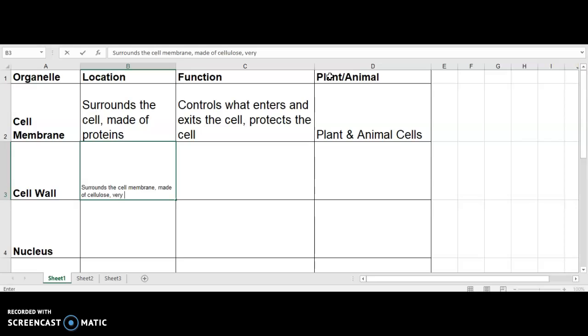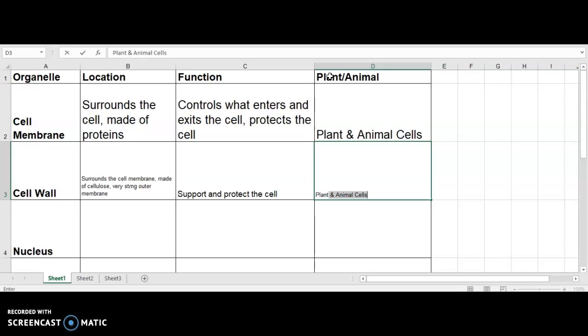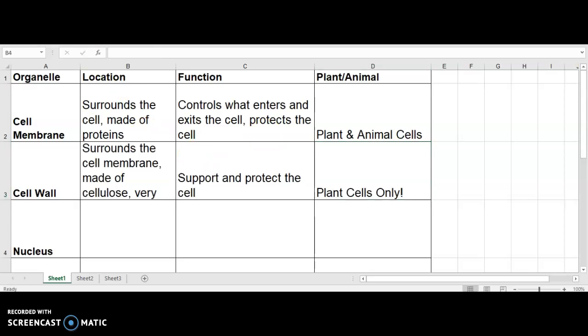So it's very strong, actually. The purpose of the cell wall is to support and protect the cell. And this is found in plant cells only. All right, let's go ahead and continue.